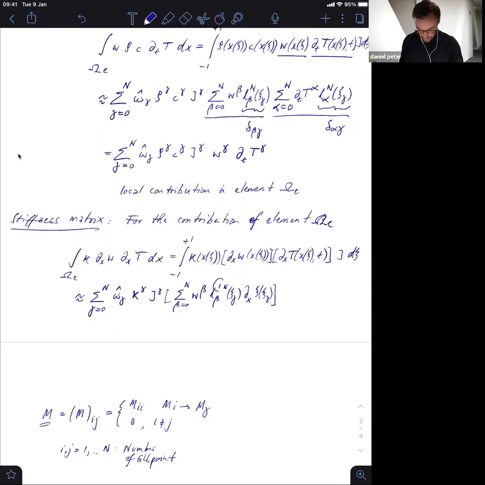So here you see we have L prime, that's the derivative of the polynomial with respect to xi, times these derivatives of xi with respect to x. So this is dxi over dx evaluated at position xi gamma.